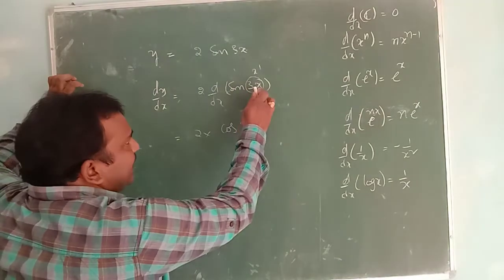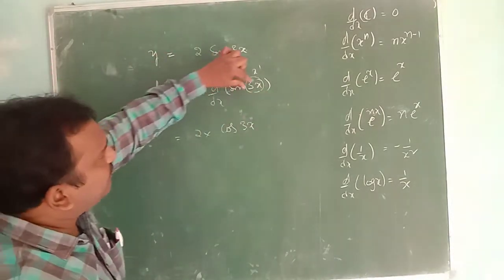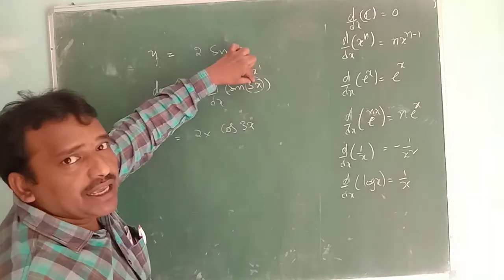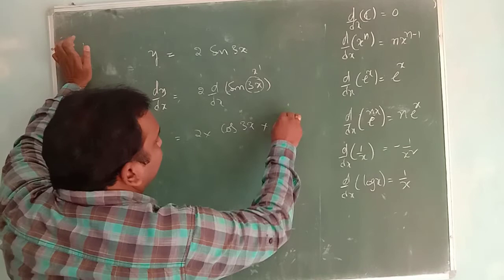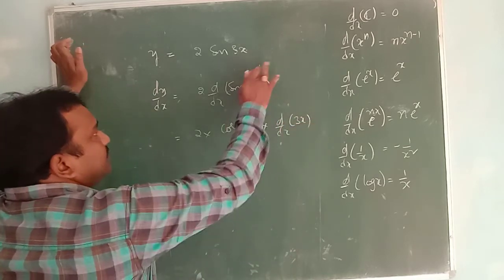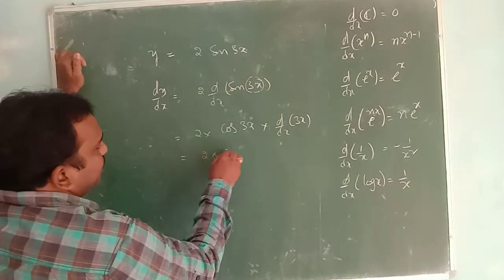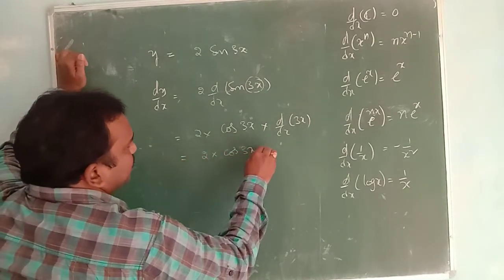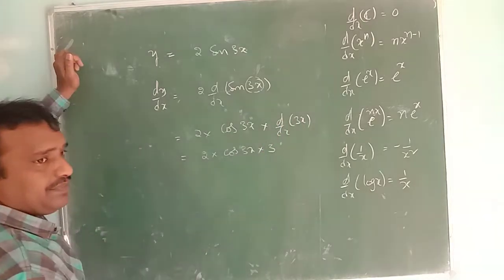Again, if only x is there, we will leave it, but instead of x we are having additionally 3x, so that's why again you have to differentiate the function 3x. Okay, then what you will get is 2 into cos 3x into derivative of 3x, which is nothing but 3 only.